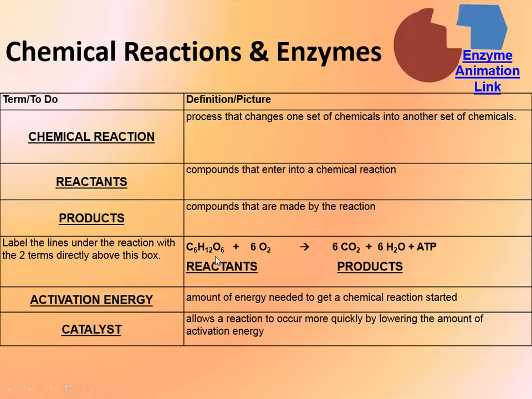In order to break the glucose, I'm going to need to build up a certain amount of energy by breaking all of those bonds, and then once I get to a certain level, I can start processing the chemical reaction, right? But it's going to take me a long time if I need to build up a large amount of activation energy. A catalyst is going to lower the amount of activation energy, and it kind of helps the reaction go. So it makes it go a lot more quickly because you don't need as much activation energy.